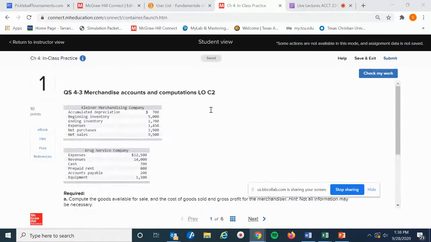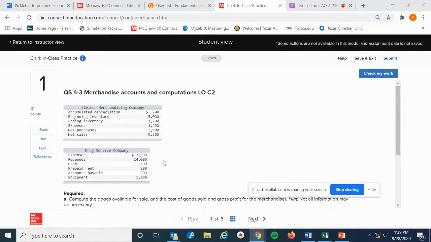Let's look at what information I'm given. This is for the Kleiner Merchandising Company. They have accumulated depreciation, beginning inventory, ending inventory, expenses, net purchases, net sales. They have all kinds of information, and some of it might be irrelevant. I'm also given the information for Krug Service Company, and you can see how the service company differs.